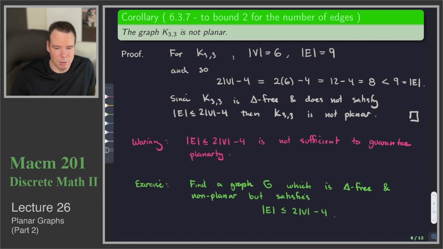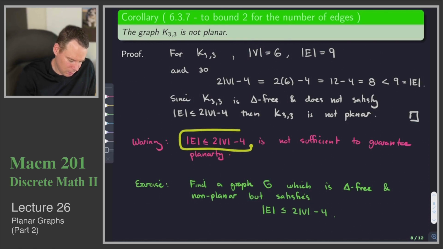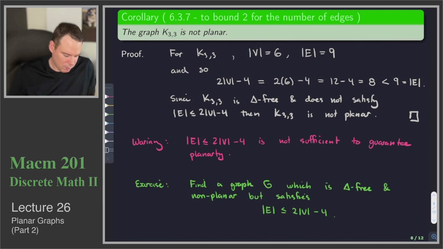So when we subdivide a graph, we bump up the vertex set by 1, we bump up the edge set by 1. So now if I look at this inequality and I say, what happens when I bump the edge set and the vertex set up by 1? Well, this side would go up by 2 every time, but this would only go up by 1.